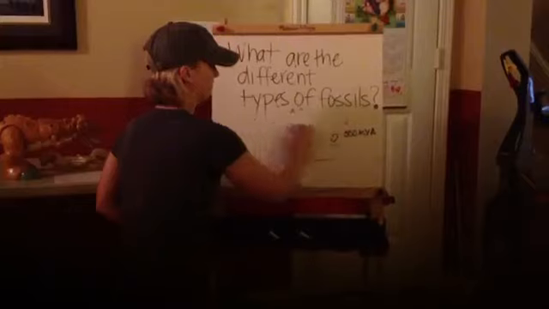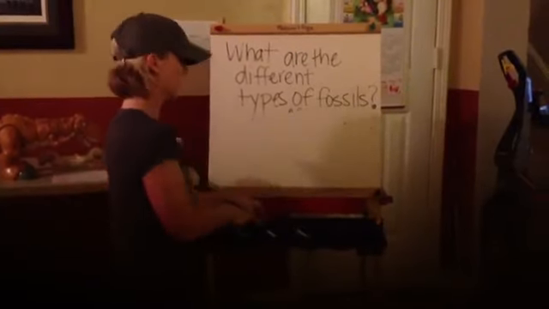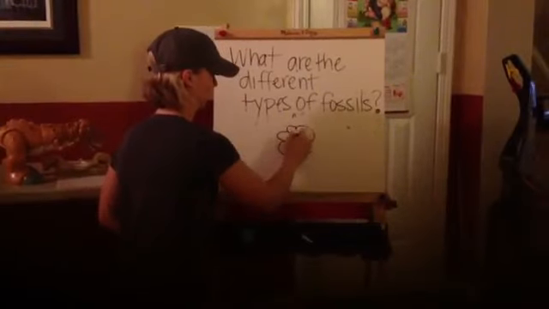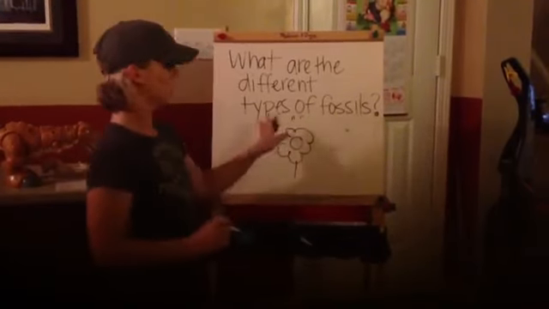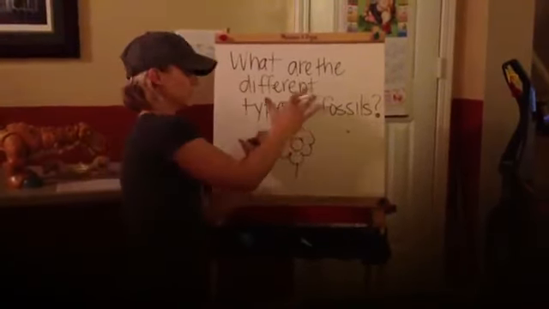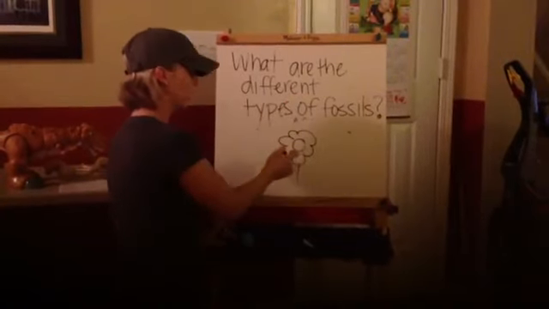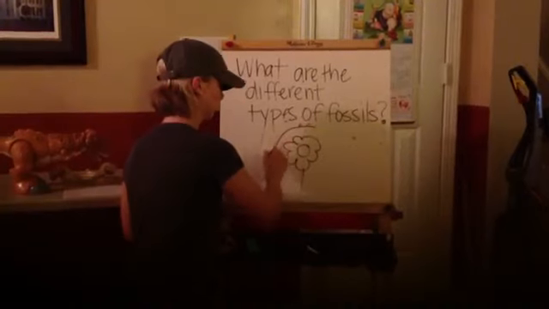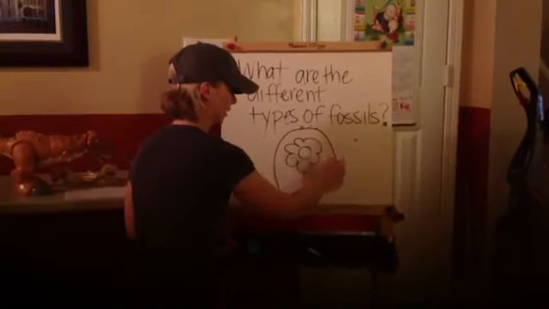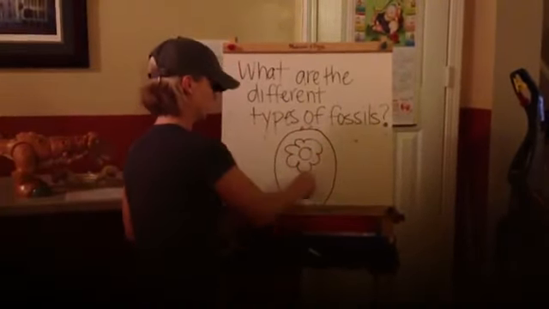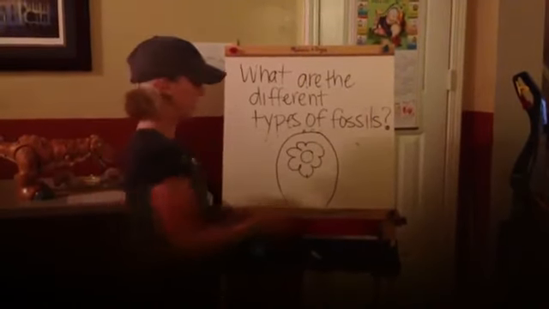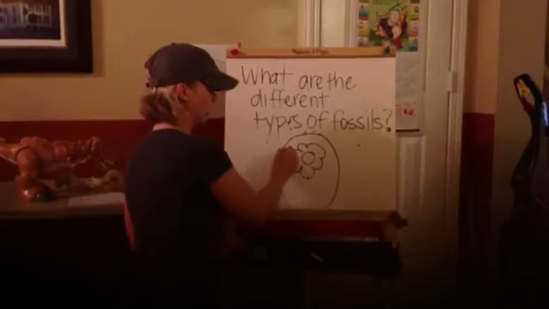And I'm going to talk about a carbon film. Okay, so a carbon film, we have to imagine I'm going to make a nice pretty little flower. Okay, and that pretty little flower lived. Well, if it got squished between a rock, this pretty little flower would then be on my rock. And so when a scientist finds this, I'm going to get rid of its stem for now, so we just have a little rock, a little flower. When the scientist finds this, it sees this carbon imprint.